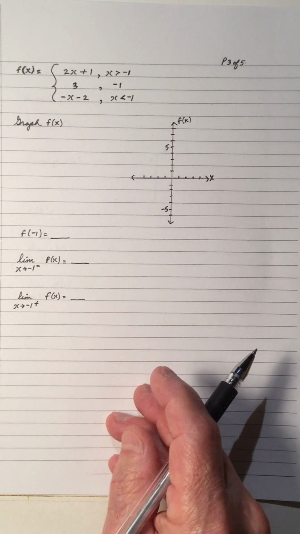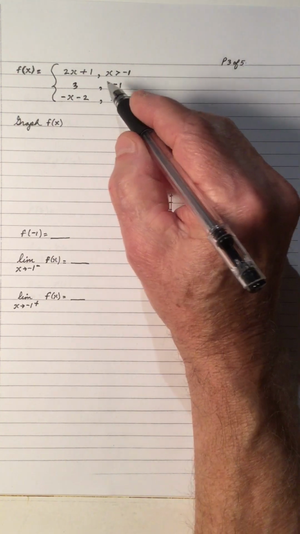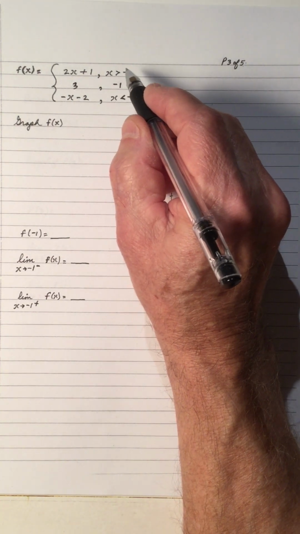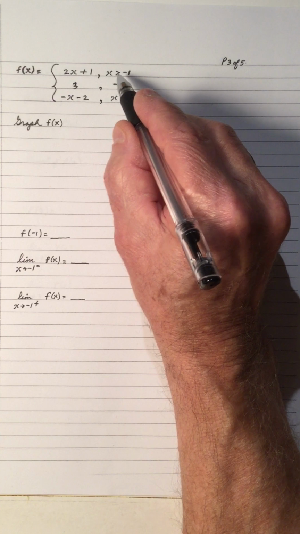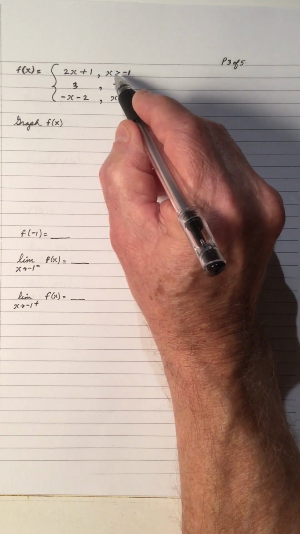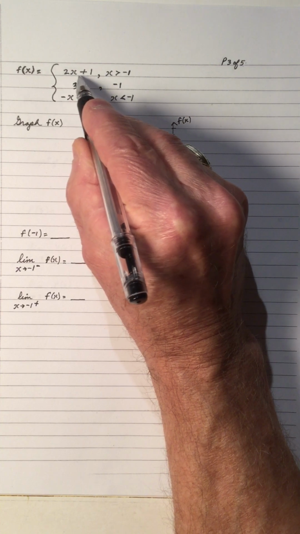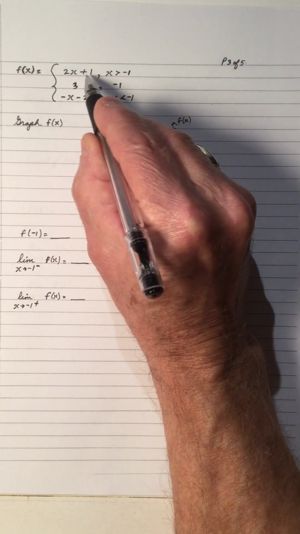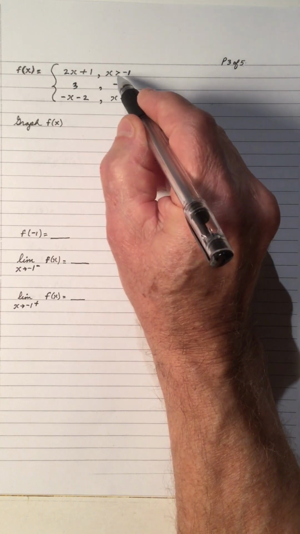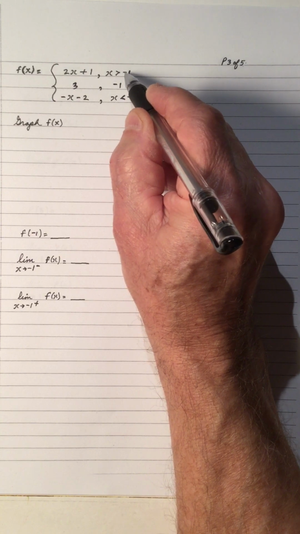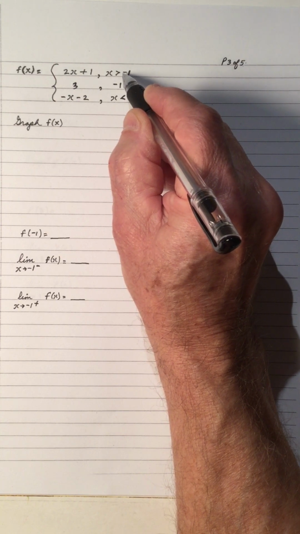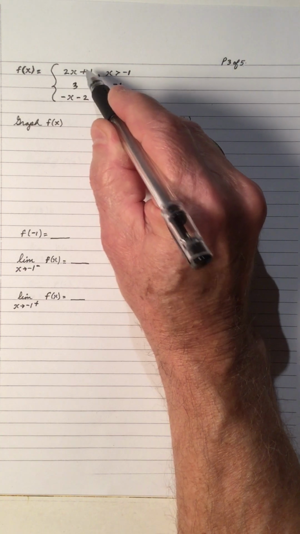Now, another way to write it down is to look at a piecewise function. In this piecewise function, we have x is greater than negative 1. We have 2x plus 1, which is a linear, but the linear starts where x is negative 1, but the negative 1 is not included on this.